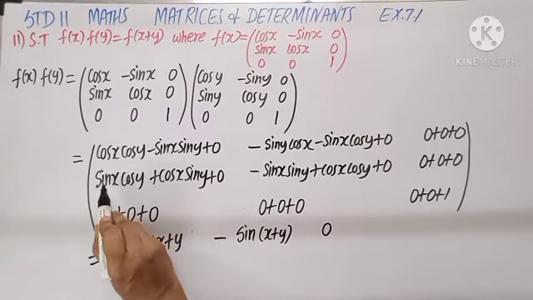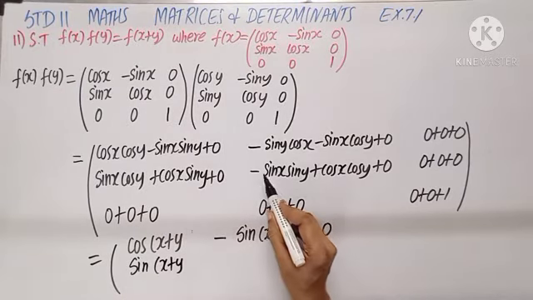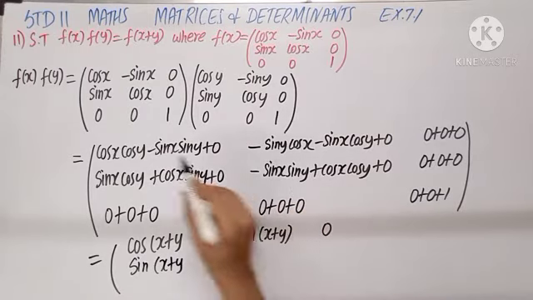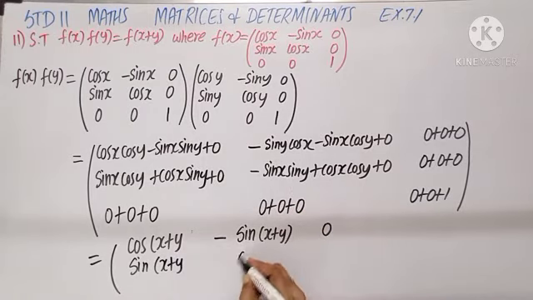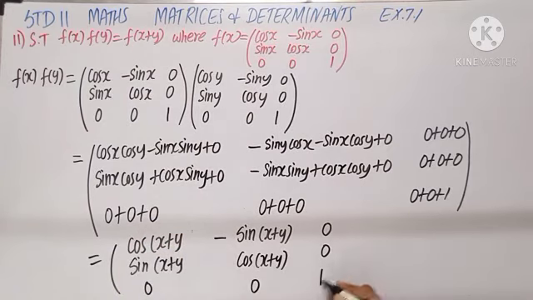Here sin x cos y plus cos x sin y is sin of x plus y. Again cos x cos y minus sin x sin y, both are the same. It is cos of x plus y. Third entry 0. Third row 0, 0, 1.